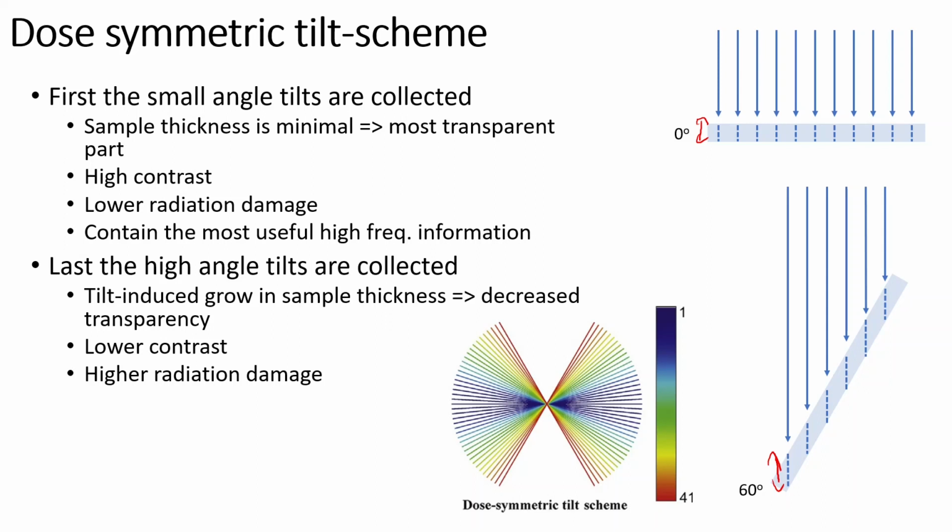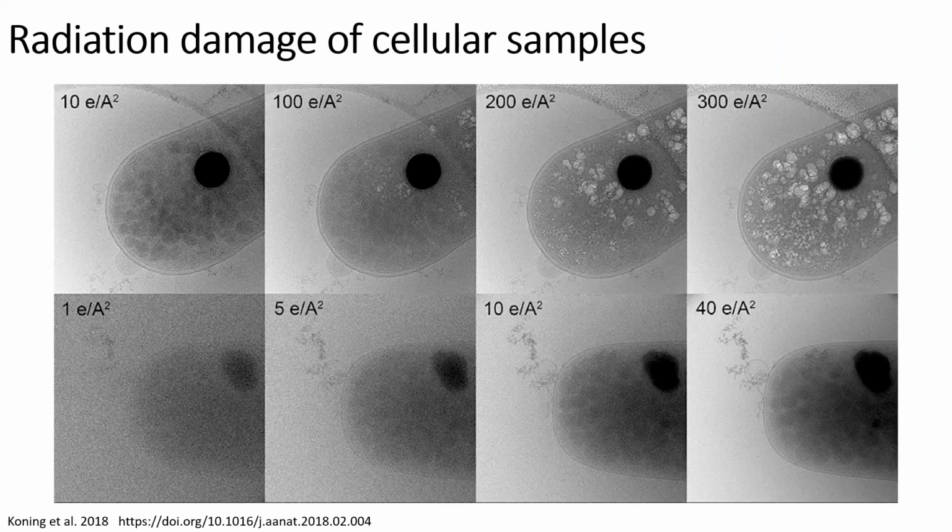So this way, in the dosimetric tilt scheme, we can use more information from the lower tilts because of less radiation damage, and there is less information in the higher tilts, yet in the higher tilts the amount of information is also limited because of the thickness of the material.